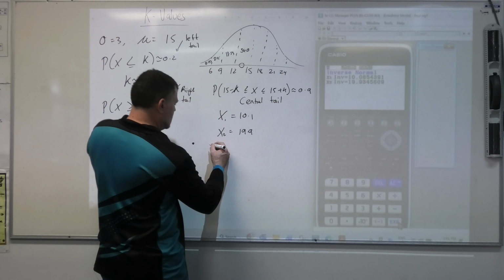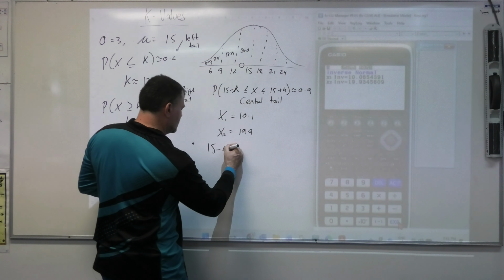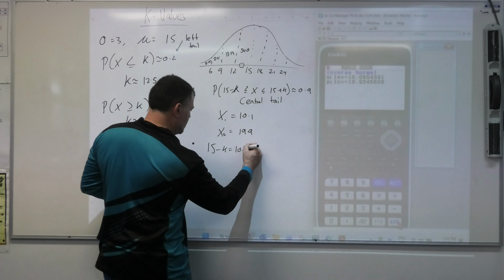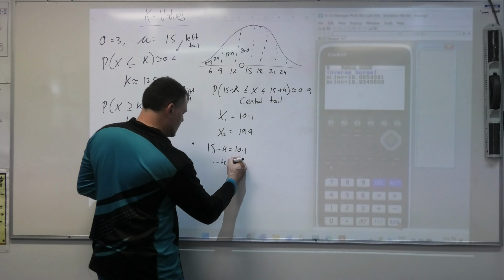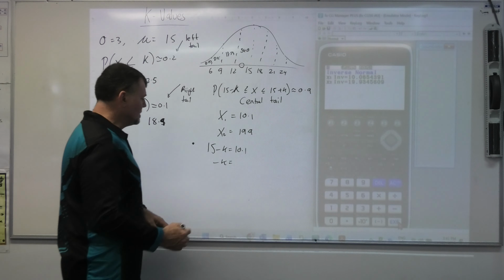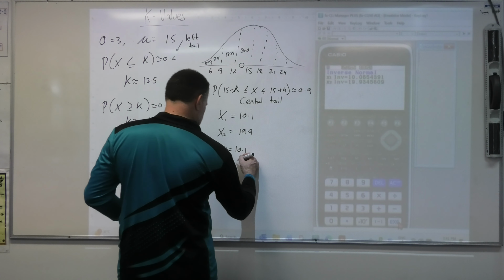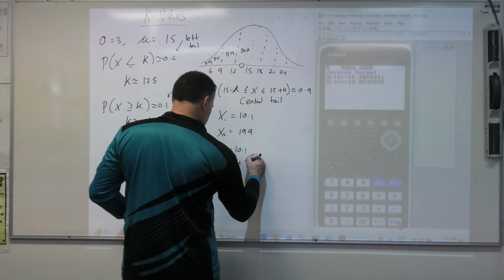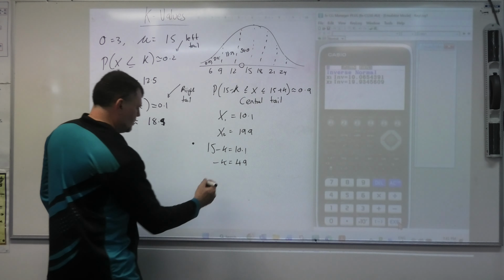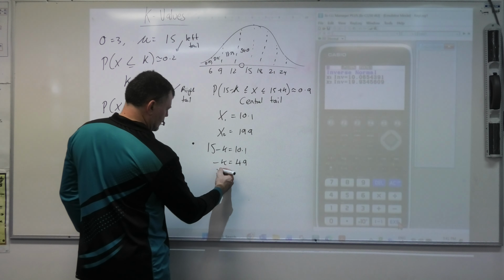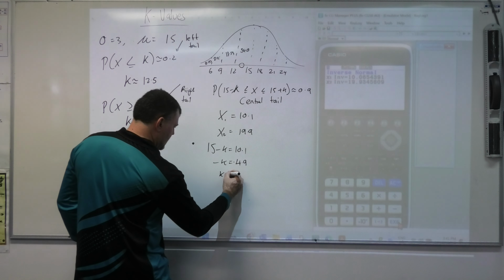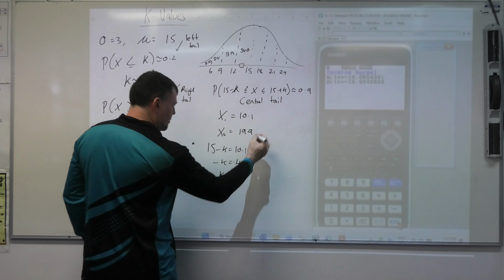So for instance, if we did 15 minus k and equate that to 10.1, then we get negative k is equal to, well, if we take 15 away from here, we should get something like negative 4.9, and then k is equal to 4.9.